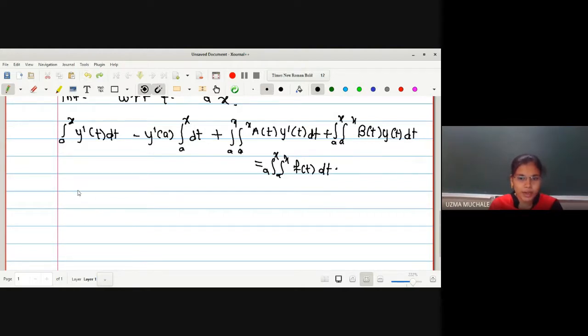After integration of y dash, we get simply y of x minus y of a minus y dash of a, so here it will be simply x minus a. Integration of dt will be t within the limits a to x, that will be x minus a.